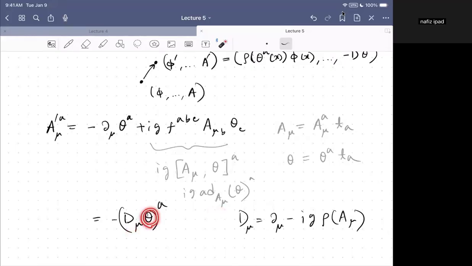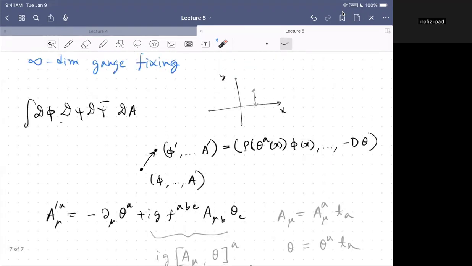In other words, this theta is a Lie algebra valued object, and when another Lie algebra valued object acts on it, it acts via the adjoint representation. Okay. So it's the covariant derivative in the adjoint representation acting on the parameters of gauge transformation.